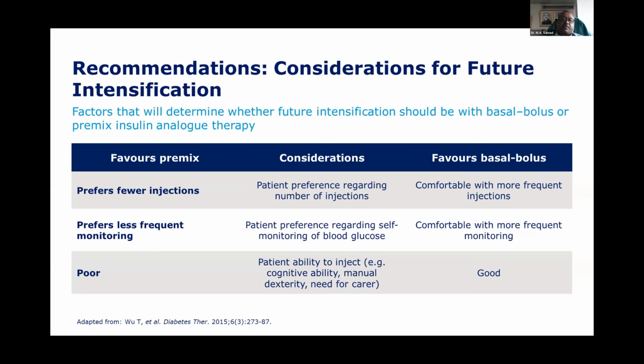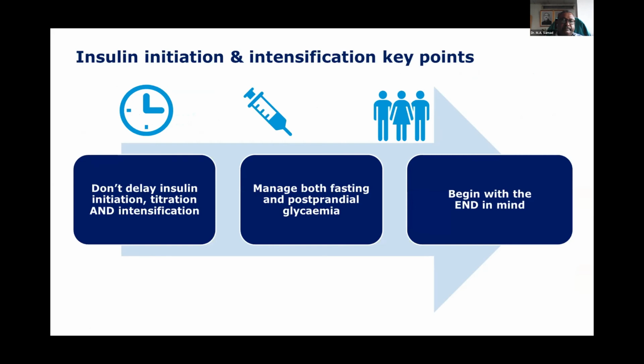Patient ability to inject, you have to check: that is cognitive ability, manual dexterity, need for a caregiver. If it is there, then you have to give fewer injections, that means premix is the preferred choice. If cognitive function is okay and patient ability is good, then basal bolus is the preferred choice.